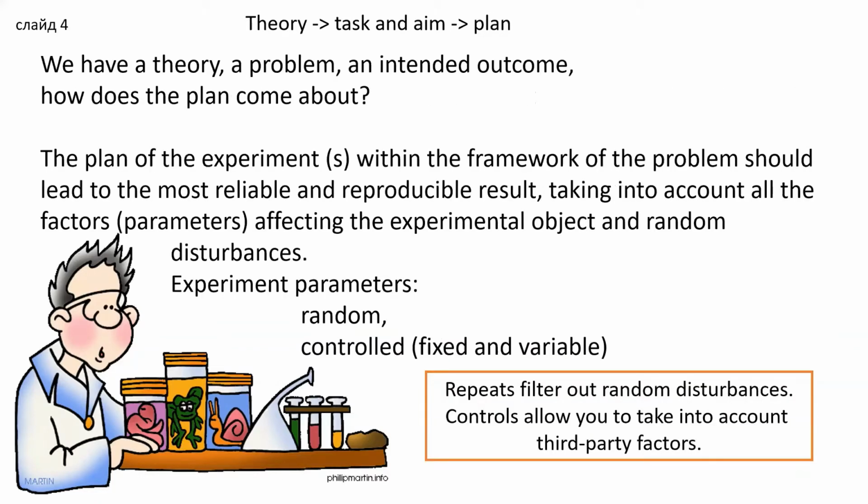So within the framework of the problem, what should be the plan of experiments and what will lead to the most reliable and reproducible result? Then when you think about it, you have to take into account all the factors and parameters in your experiments that affect the experimental object, and think about random disturbances and random events that can influence your experiment.